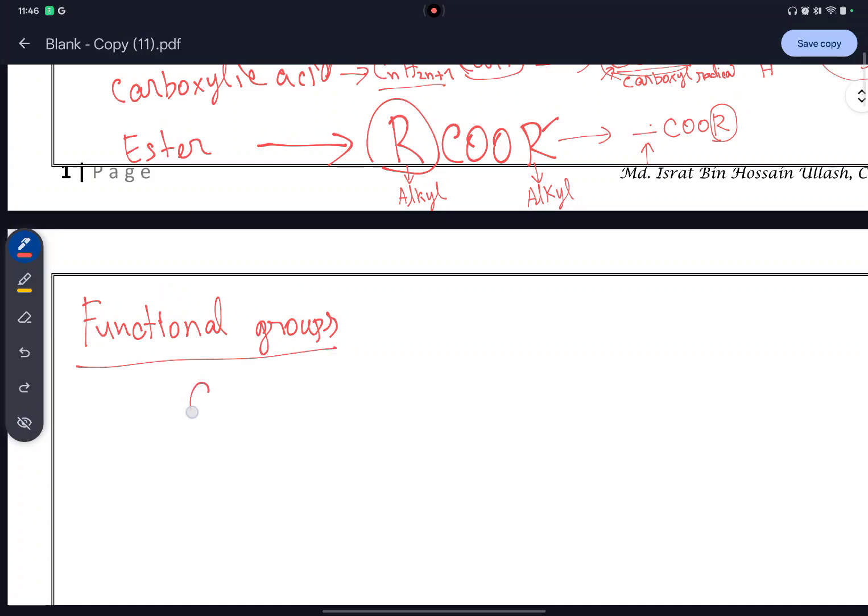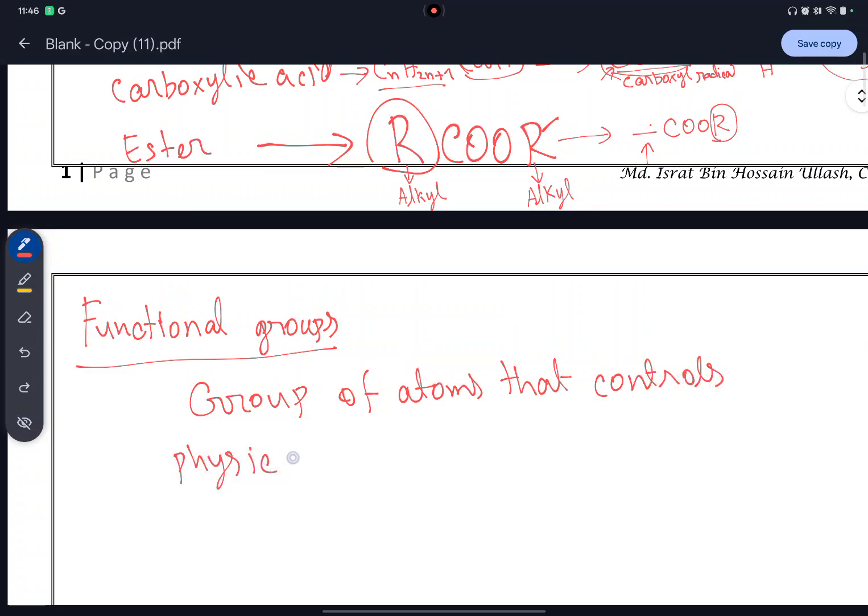They are a group of atoms that controls physical and chemical properties of a group of compounds or homologous series.